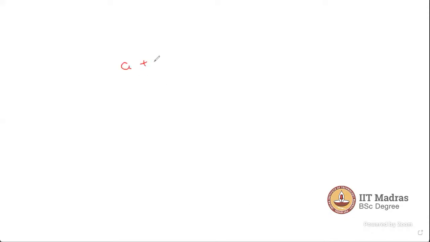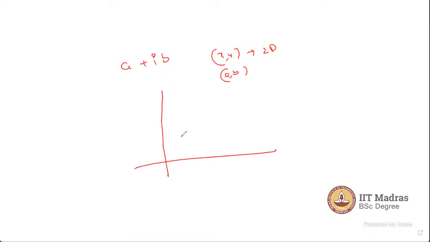So we have this a plus ib, and the way you can think of it is like x comma y in the 2D plane. We have this a comma b. A is the real part, as I told, and b will be the imaginary part, in the y-axis.